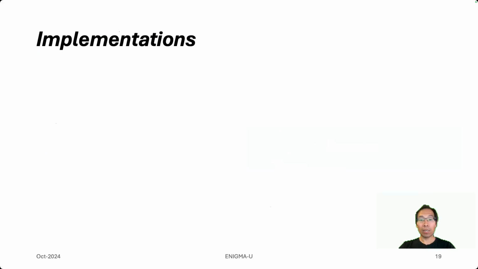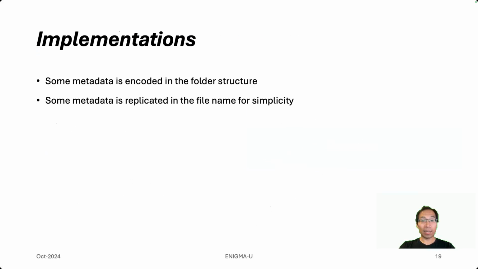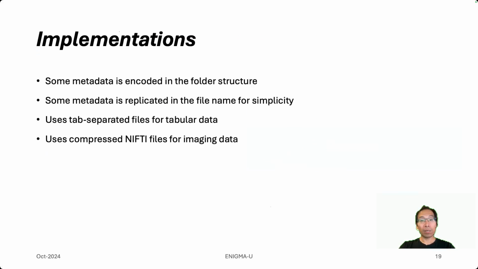After the general view, there are several key implementations. First, some metadata is encoded in the folder structure. Second, some metadata is replicated in the file name for simplicity. Third, use tab-separated files for tabular data. Fourth, use compressed NIfTI files for imaging data. Fifth, use JSON files for dictionary-type metadata.